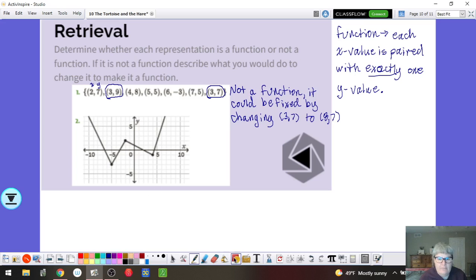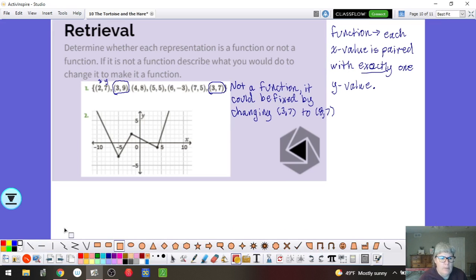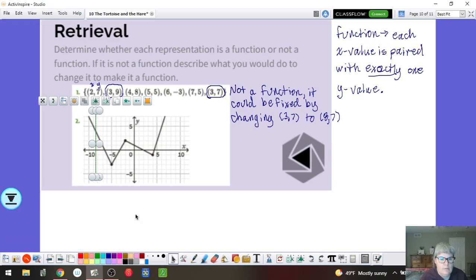With the graph, you may remember something called a vertical line test. If I move this line from side to side and I see where it crosses the graph, will it ever cross or touch more than one point on the graph at a time?